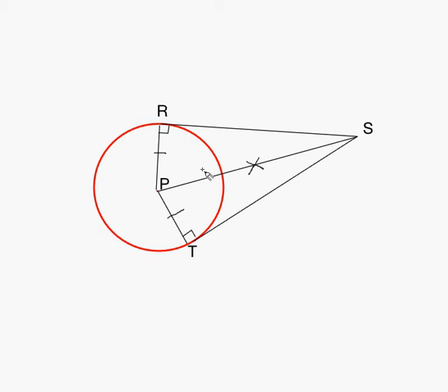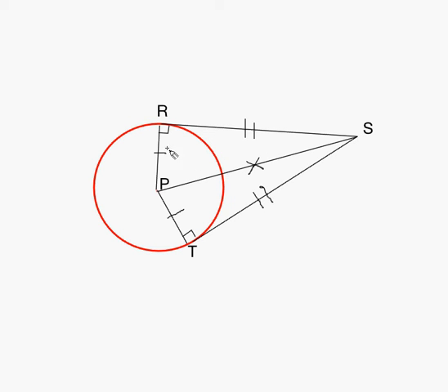So by hypotenuse leg, these two triangles are congruent. But if these two triangles are congruent, then the remaining legs, RS in one triangle and TS in the other, would also be congruent. So RS is congruent to TS.